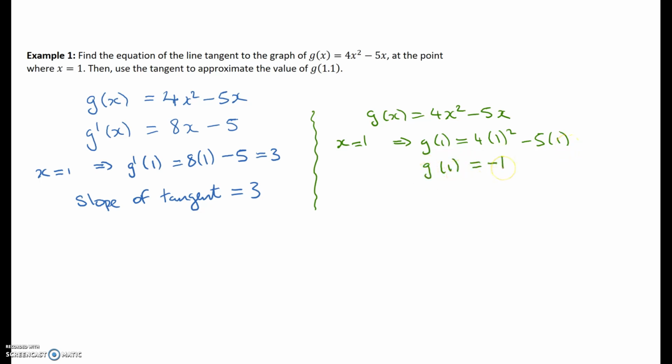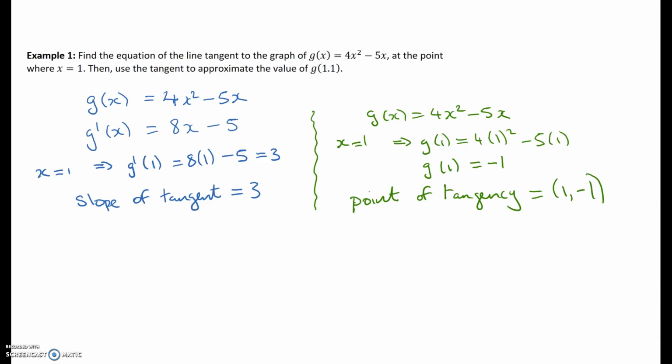Remember, the original function gives you the y-coordinate of the point of tangency. So the x-coordinate is 1, the y-coordinate is negative 1. So the point of tangency is 1, negative 1.